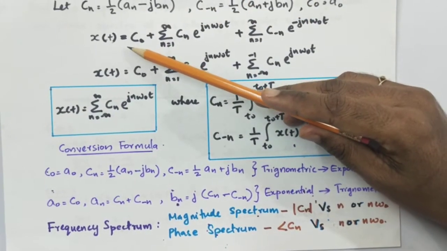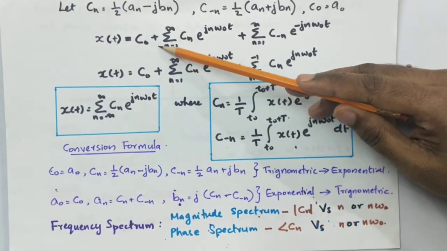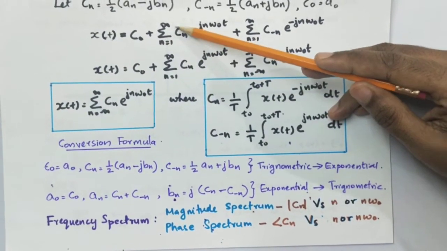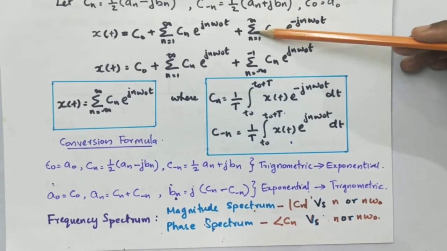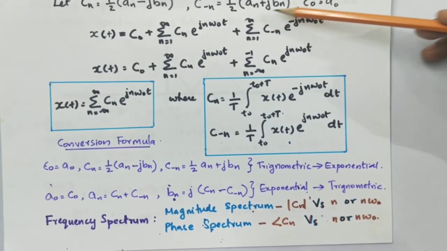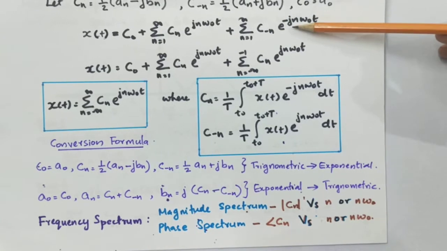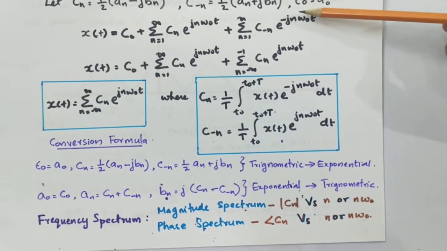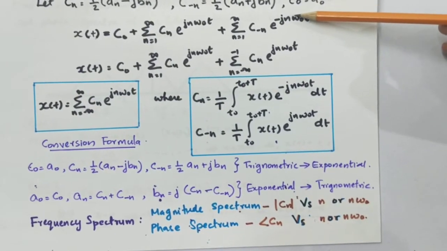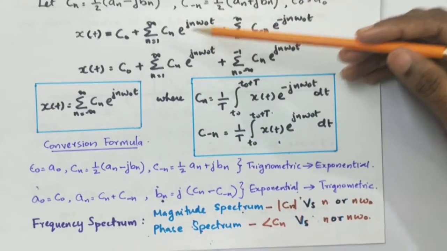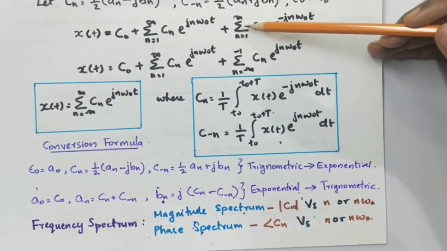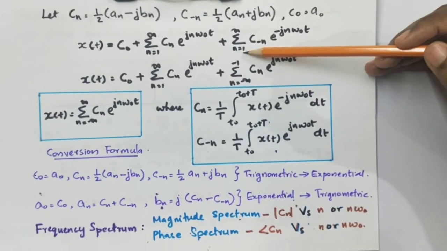And the equation becomes x of t equal to c0 plus sigma n equal to 1 to infinity cn e raised to jn omega 0 t plus sigma n equal to 1 to infinity c minus n e raised to minus jn omega 0 t. Now we want to get these terms alike, therefore we are changing the limits.